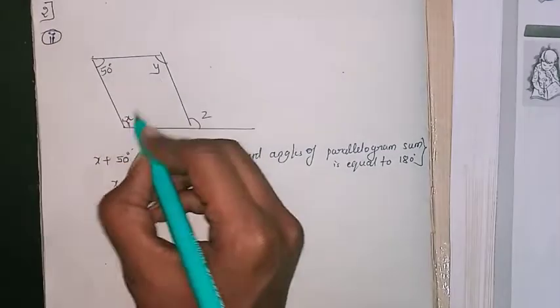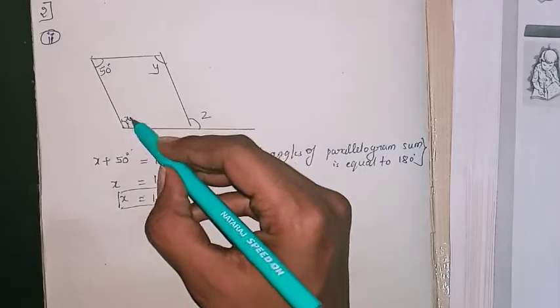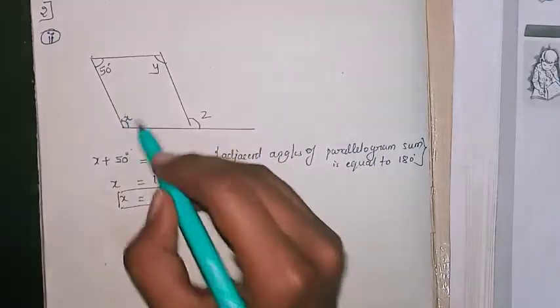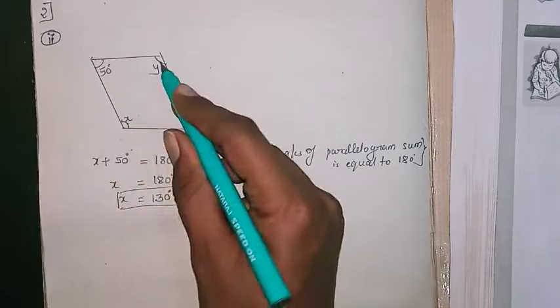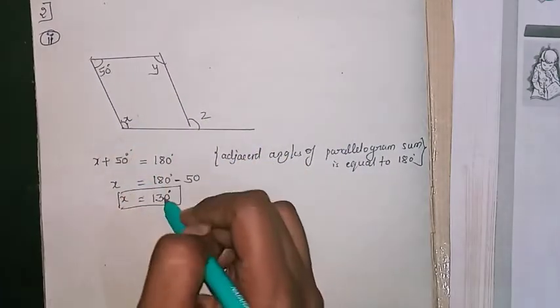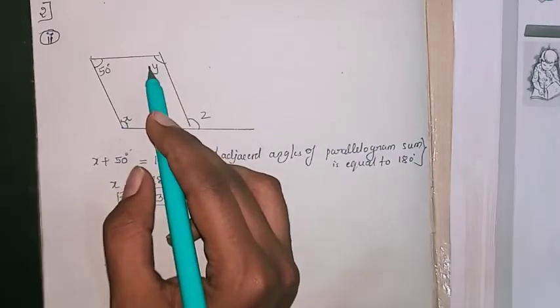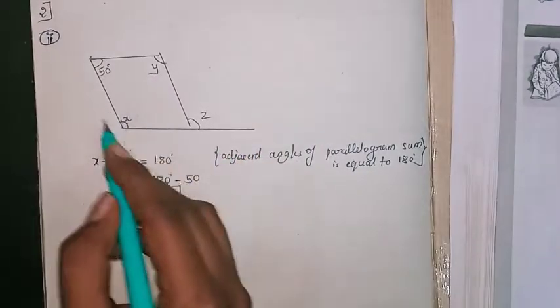Now you want the y and z values. As you know, in a parallelogram the opposite angles are equal. For x, which is the opposite angle? y is the opposite angle, and you know the x value. If x is 130 degrees, then y must be 130 degrees, because these are opposite angles in a parallelogram.